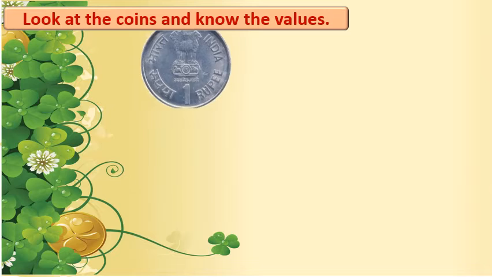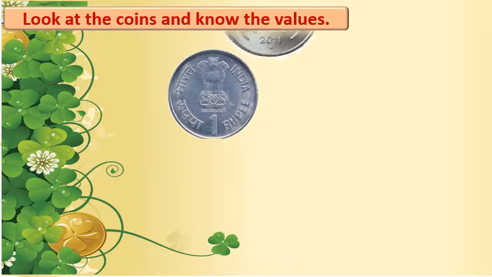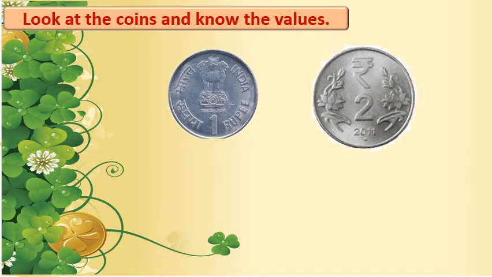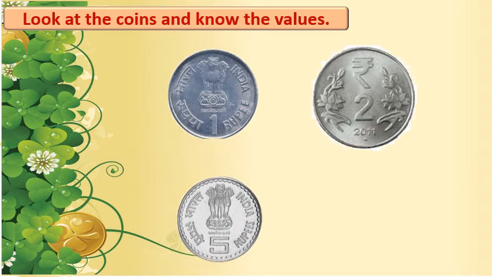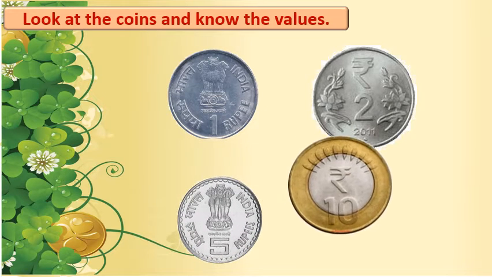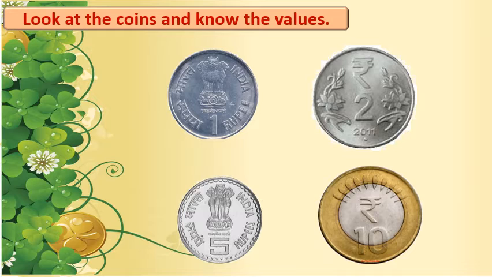Okay. See, this is 1 rupee coin. This is 2 rupees. The value of this is 5 rupees. And this is of 10 rupees denomination. Yes, students, nowadays 1 rupee is the lowest value coin.